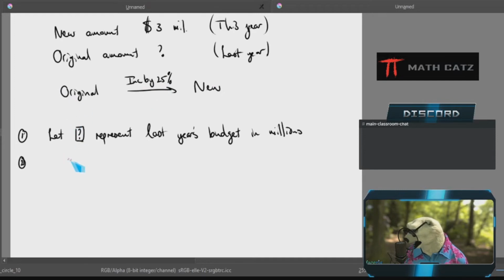The original amount is adjusted by a percentage. 25% is increased, so that's from my base 1 up 0.25, because that's the decimal version of the percentage, times the original amount, which is what I represent as question mark in a box, and they tell me that is 3, because I'm going to do everything in millions.